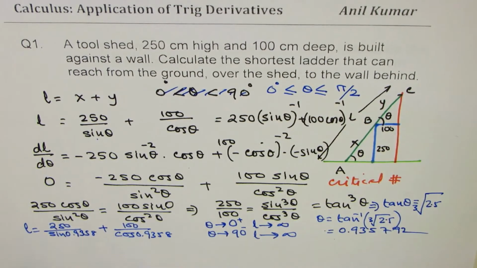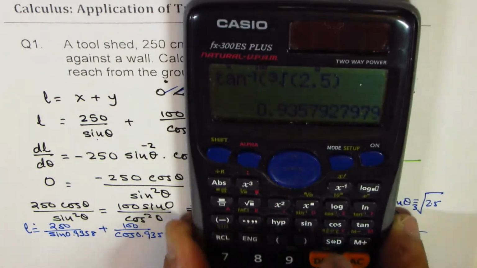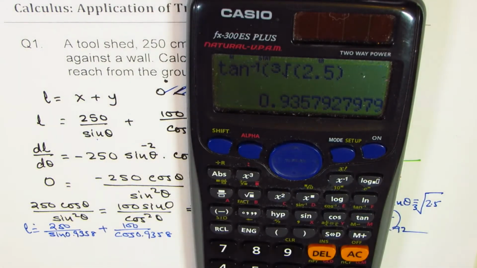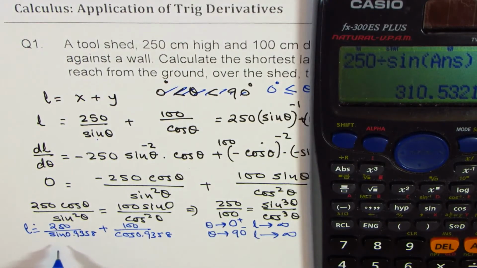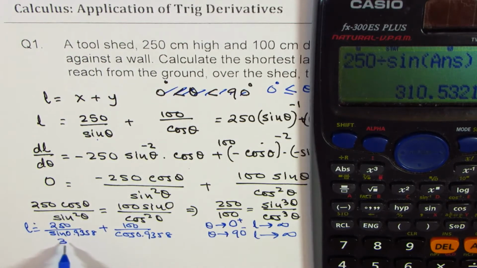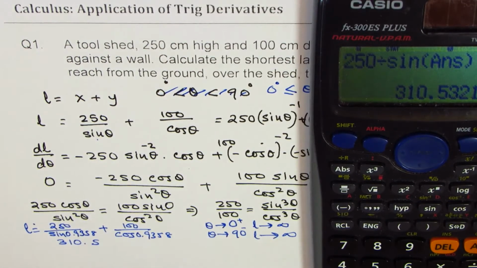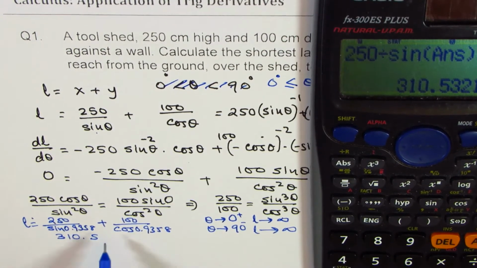Is that okay? We'll approximate this answer. So what we get here is, for the first term, 250 divided by sine of our answer. We get 310.5.